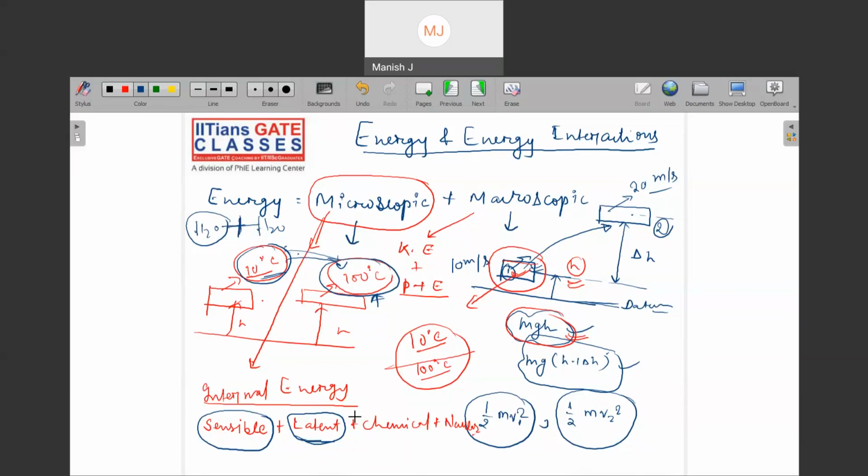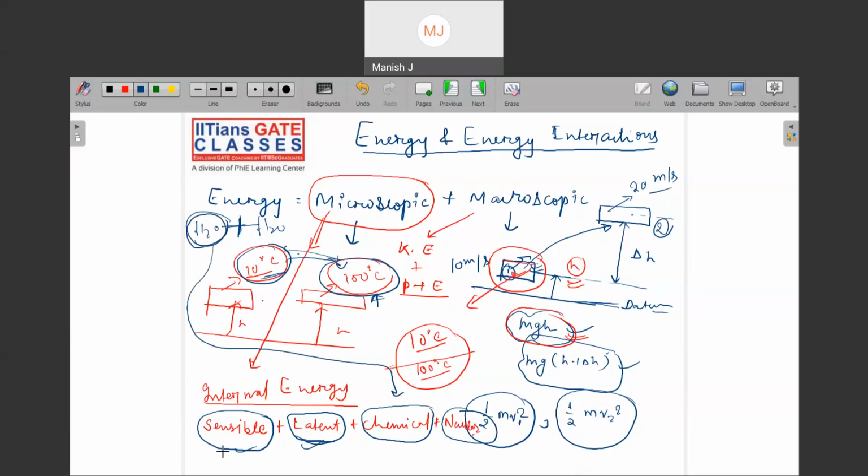It is not showing any temperature change, but it has started its phase change. And the third one is chemical. Now if the bonds within H2O are broken, then that part is constituted in which one? Chemical. And if the atoms are again broken, then that is nothing but nuclear.